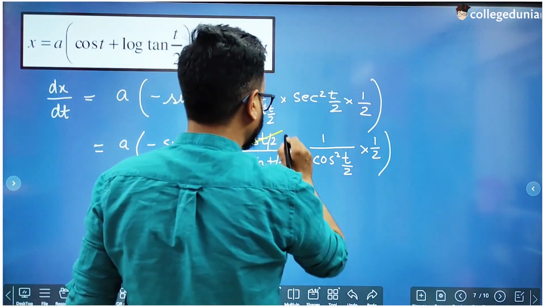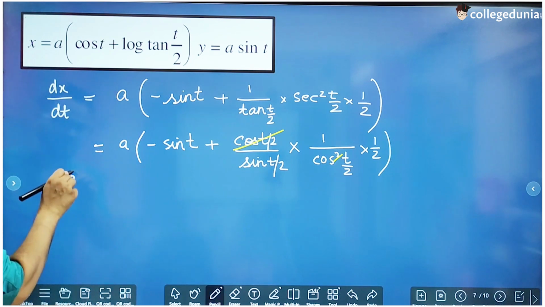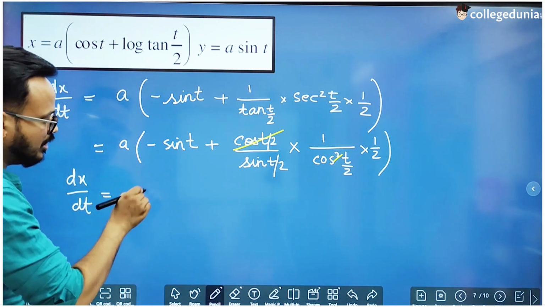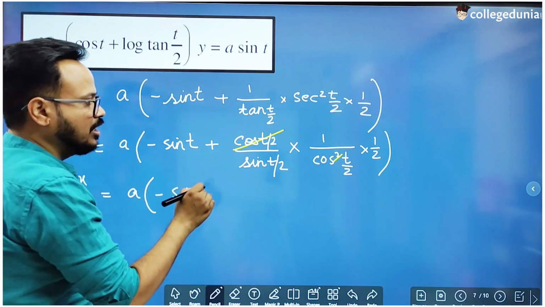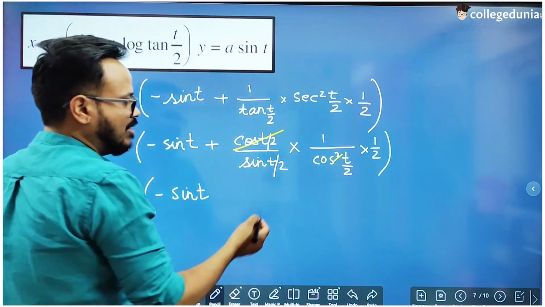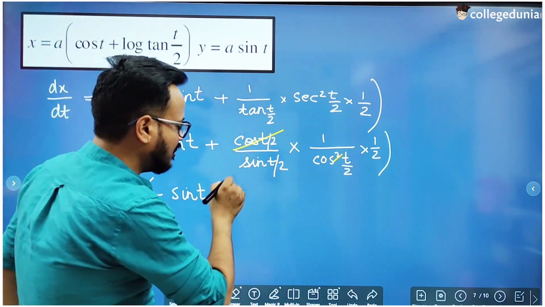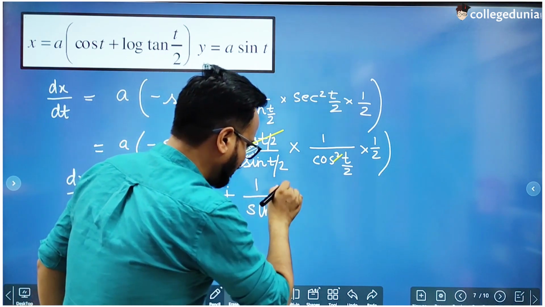Now cos t by 2 gets cancelled and dx by dt is equal to a into minus sin t plus. Okay, 2 sin t by 2 cos t by 2 is simply sin t, right? Something that we have done in the previous question also. So it is sin t.